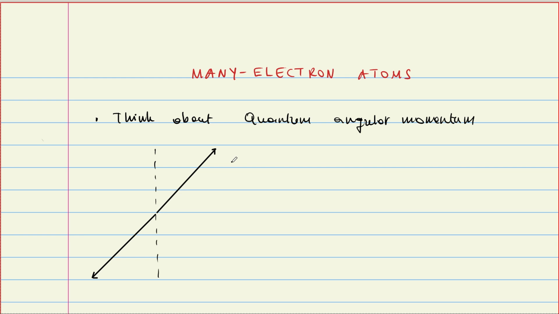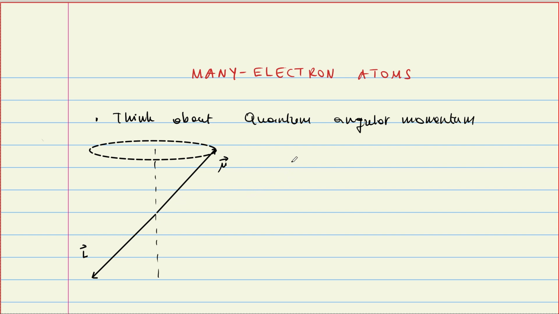So this is the mu vector, this is the L vector, and I am thinking about some kind of precession like this. So the angular momentum precesses around some axis, and so does the magnetic moment.